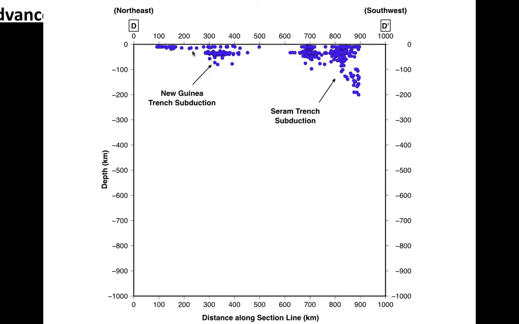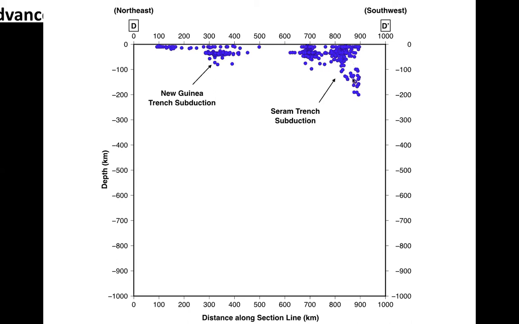So it's unclear whether this is a relatively young addition to subduction within the New Guinea Trench, or a result of the increasingly oblique convergence. There's not a very strong converging component here, and thus it's not subducting as deep.